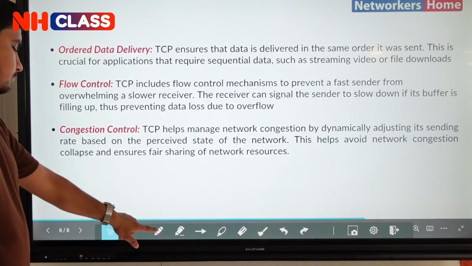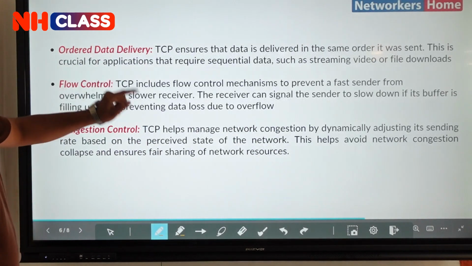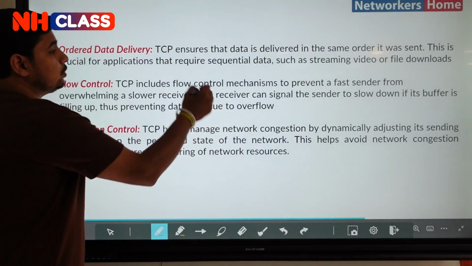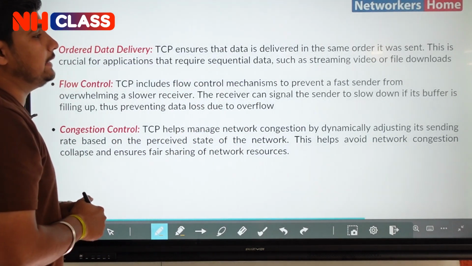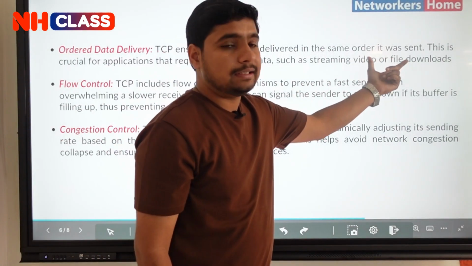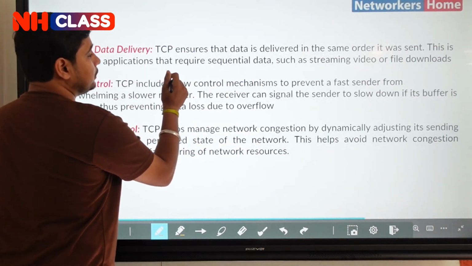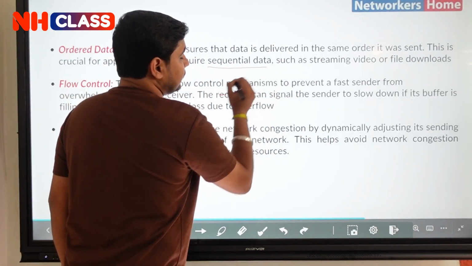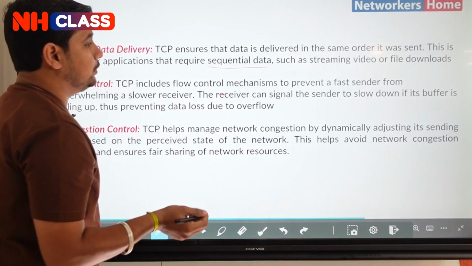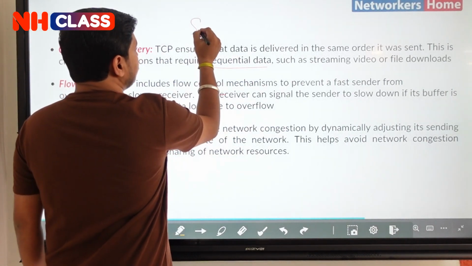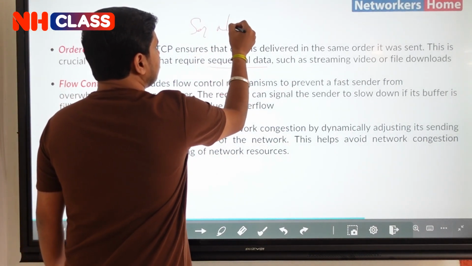Next is ordered data delivery. TCP ensures that the data is delivered in the same order it was sent, and this is crucial for applications with sequential data. The concept we use here is the sequence number.